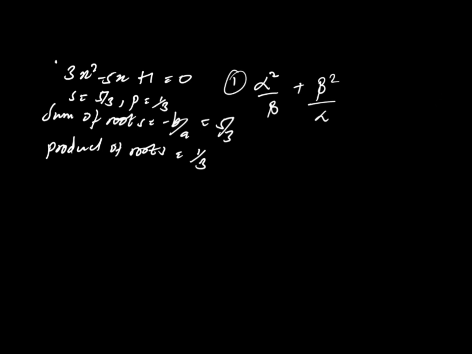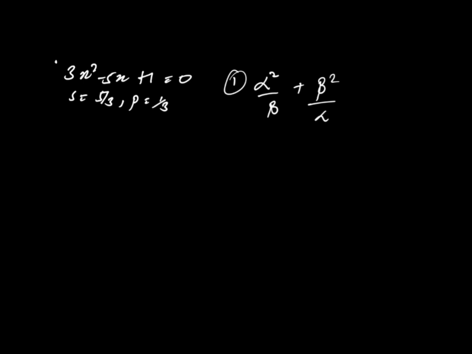Now let me remove this because I don't need it. Now having found the sum and the product, the next thing here is to use my expression to evaluate it. Then I know that alpha squared over beta plus beta squared over alpha would be equal to alpha cubed plus beta cubed all over alpha beta.